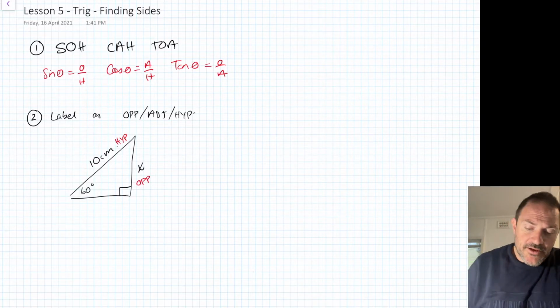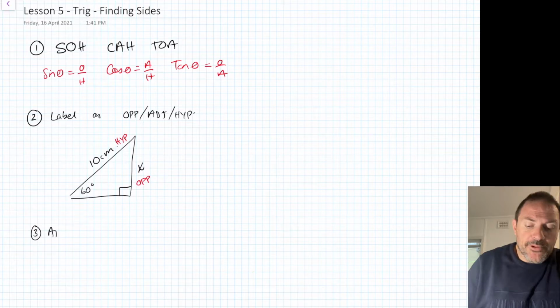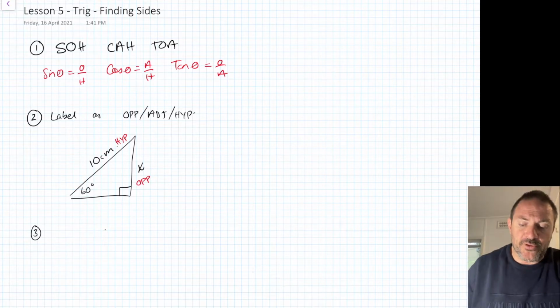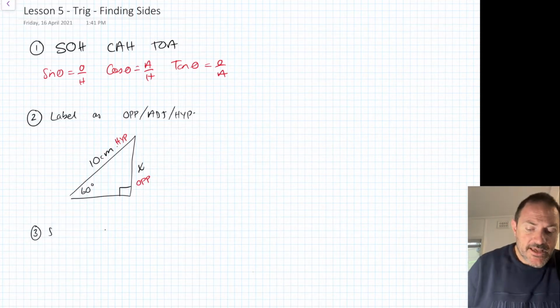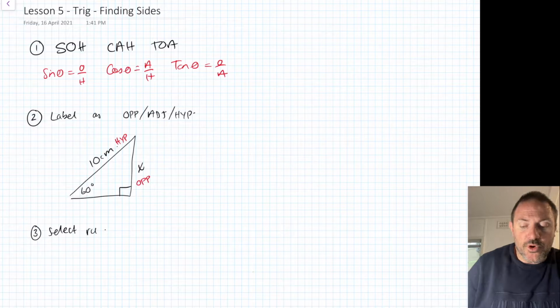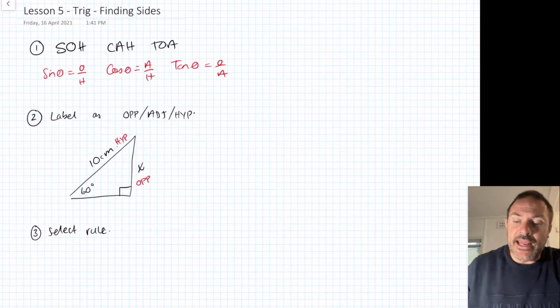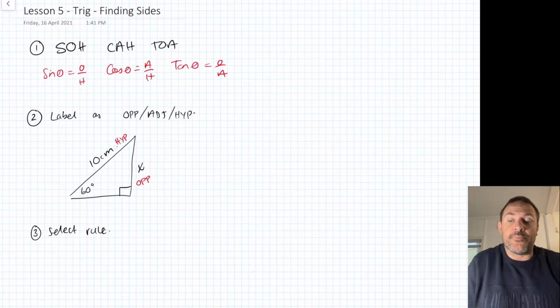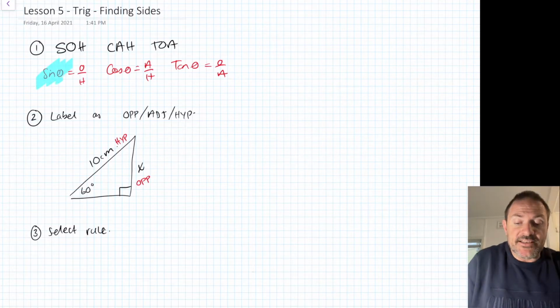Number three, I then wanted you to select the rule or the ratio for that. In this particular instance, what ratio uses opposite and hypotenuse? Hopefully you look at that and say the sine ratio does.